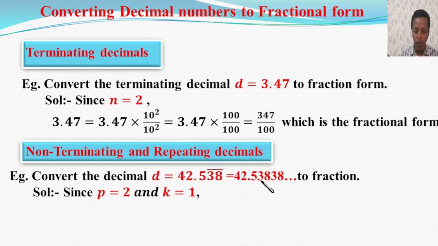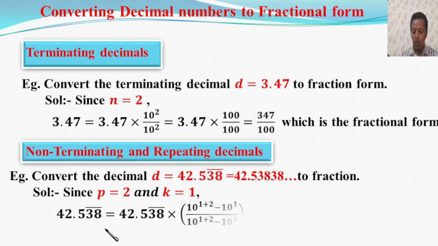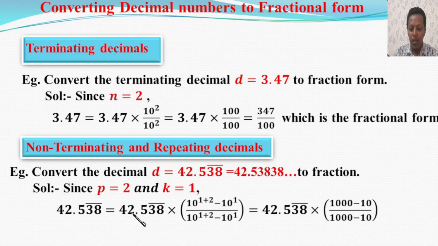So the number of repeating digits are what? 2. So once you determine the value of k and p, just use the formula. We multiply the given decimal by 10 to the power of k plus p minus 10 to the power of k, over itself. So 10 to the power of 1 plus 2, 10 to the power of 3, which is what? 1000, minus 10 to the power of 1, which is 10, over 1000 minus 10.